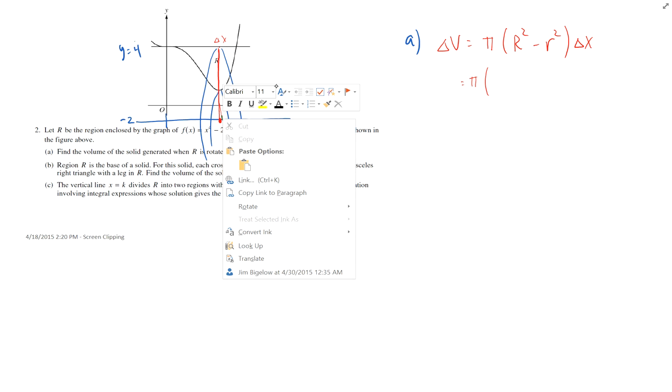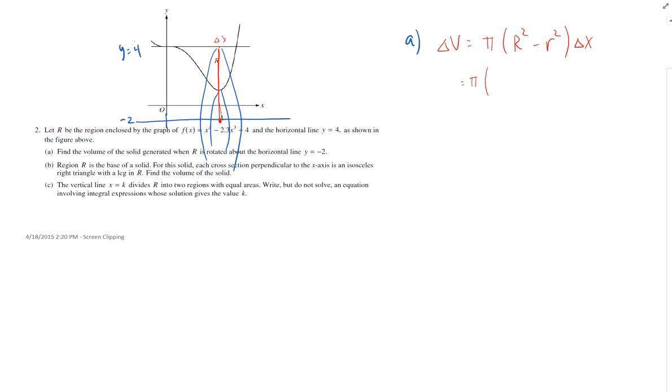I just assumed it was 0 because I wasn't thinking. So it's 4 minus negative 2, a big number minus a little number. So it'll be 4 minus negative 2, squared, minus, and then little r is this distance here. The big number is this function, f of x, minus the small number, negative 2, squared dx.